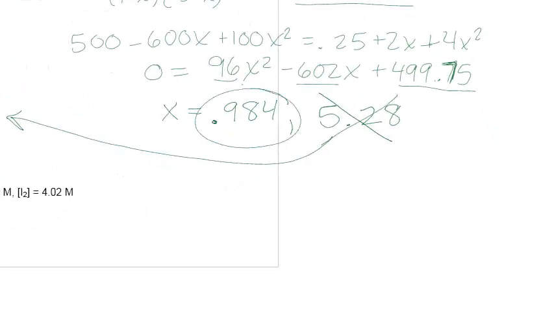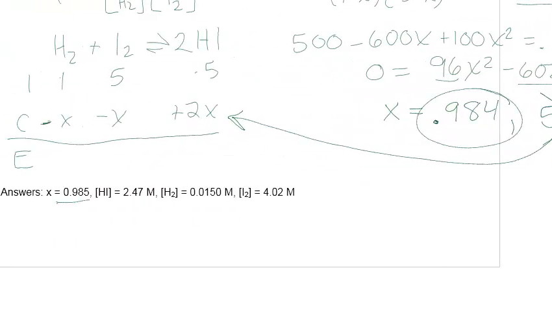Instead, our x value will be 0.984, or here it says 0.985, so somewhere in that ballpark. So then for your equilibrium, you do 1 minus 0.984. That turns out to be 0.015, or 0.016, I guess, with our value, molarity of the H2. 5 minus 0.984 will turn out to be 4.016 molarity.